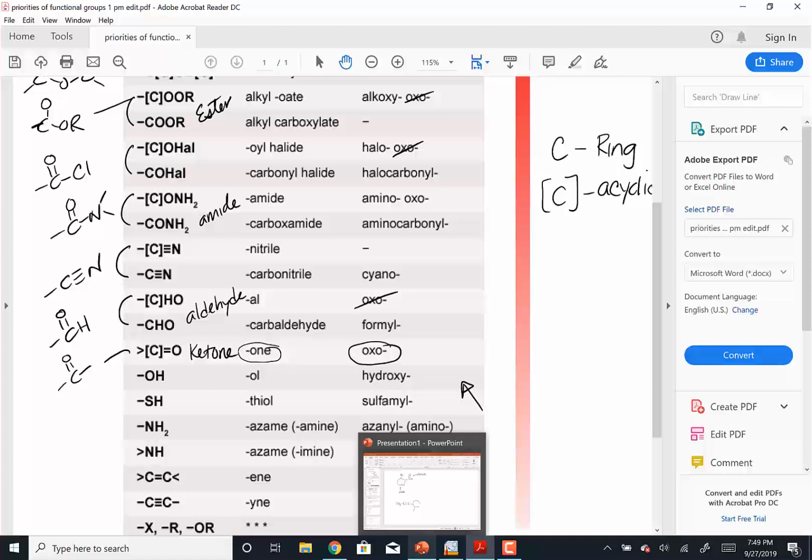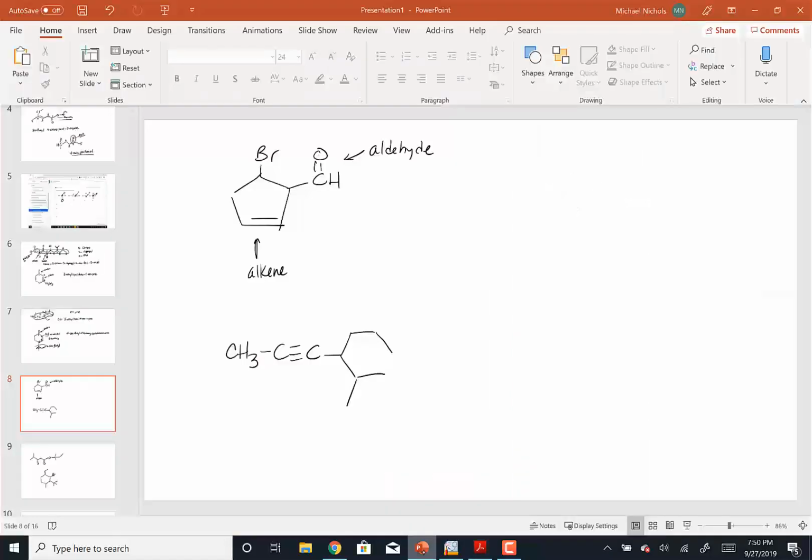So when I look at this molecule, the suffix name is going to be carbaldehyde. So that's actually going to be the last part of the name. Numbering occurs at the carbaldehyde.